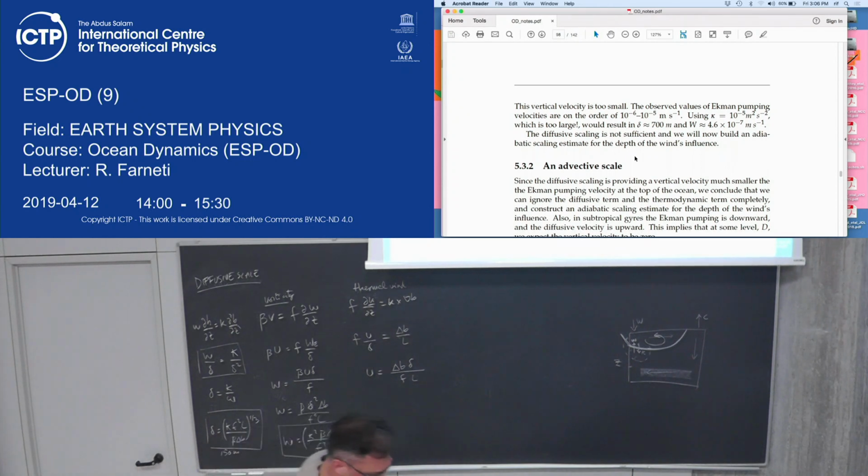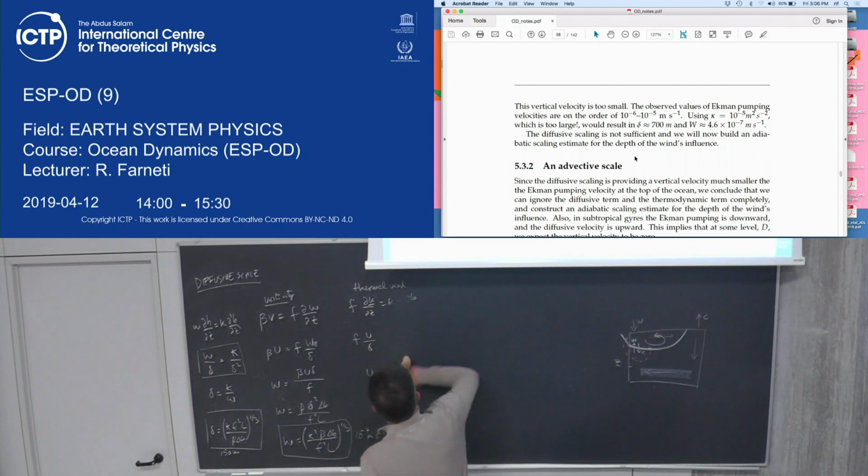So we're going to need something else, which is an advective scaling. I'll try to do this here.